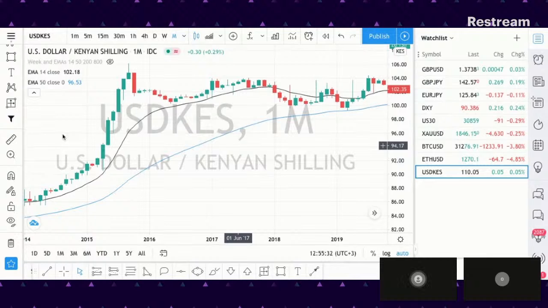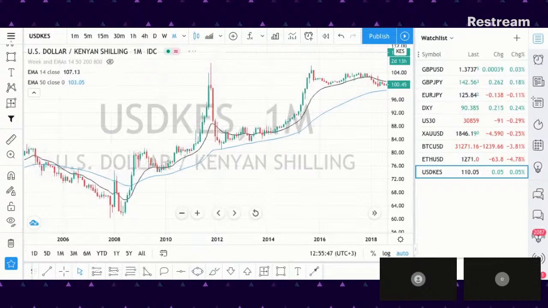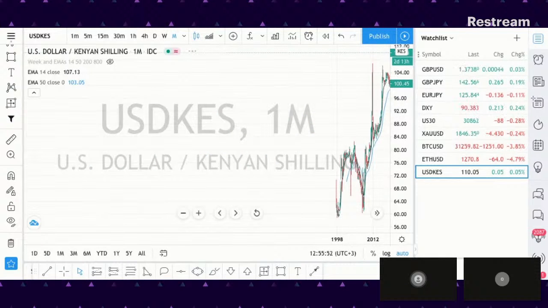Don't know what will happen to it when the BBI goes through. The time it was at 83. In 1998 it was at 58. In 2007 it was at 61.